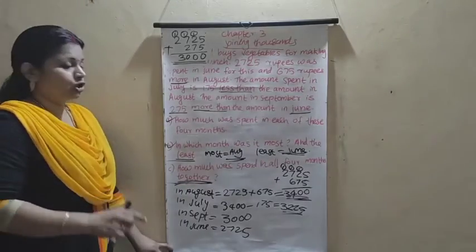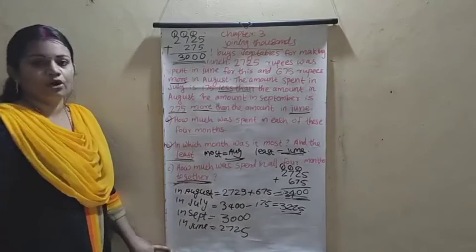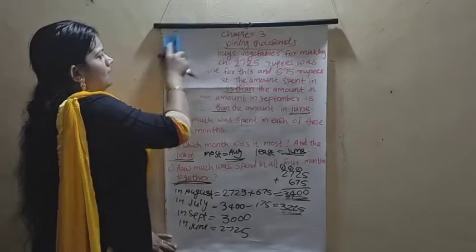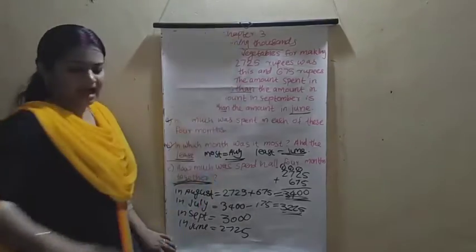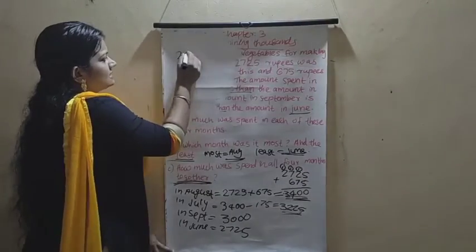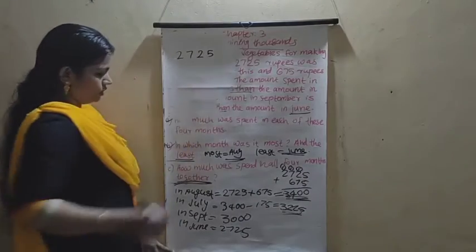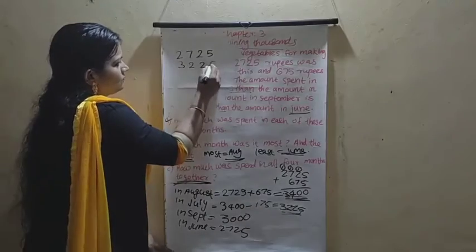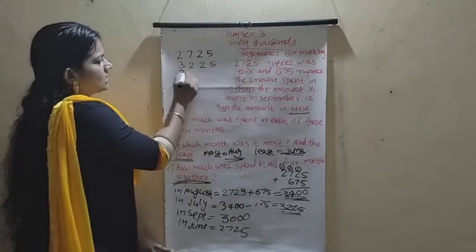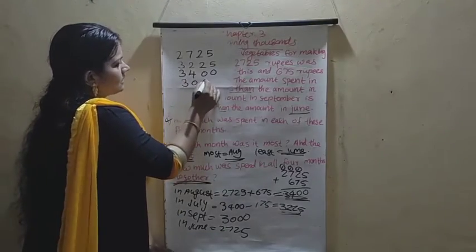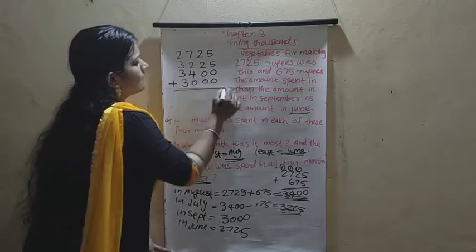You find the total amount of these 4 months. Add these 4 amounts: first June, 2,725. July, 3,225. August, 3,400. September, 3,000. Add these 4 numbers.